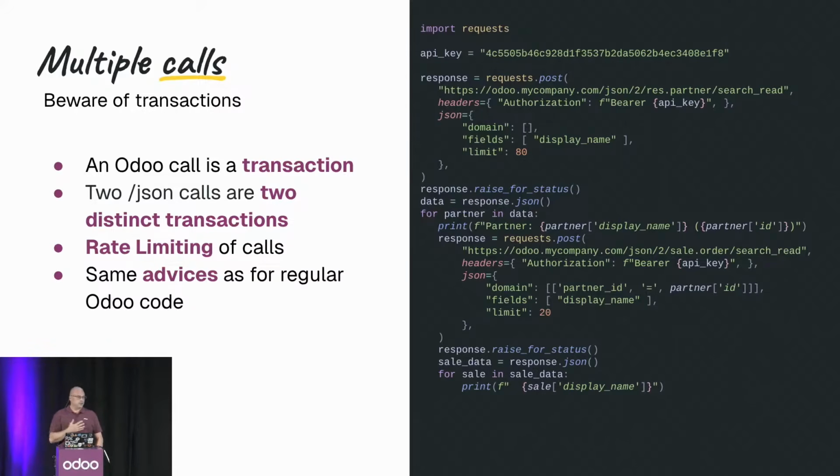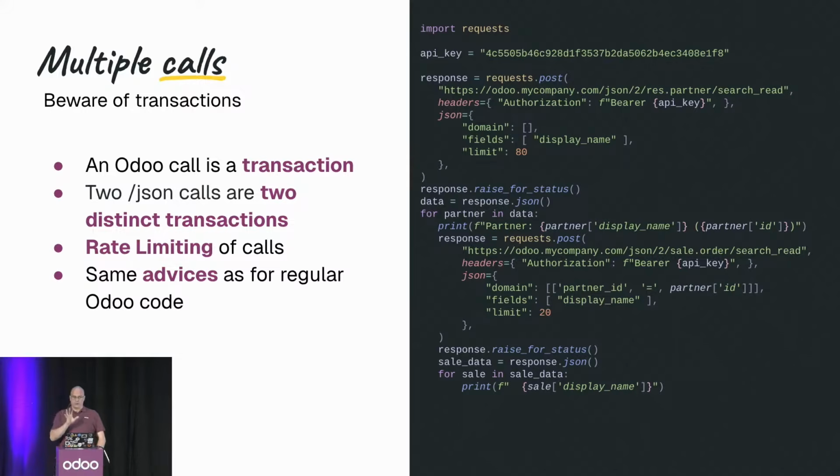You will create data, unlink data. If you create a sales order and then do subsequent calls to create sales order lines, maybe you will reach a point where you have created your sale order, but not the sale order lines, because something weird happens.